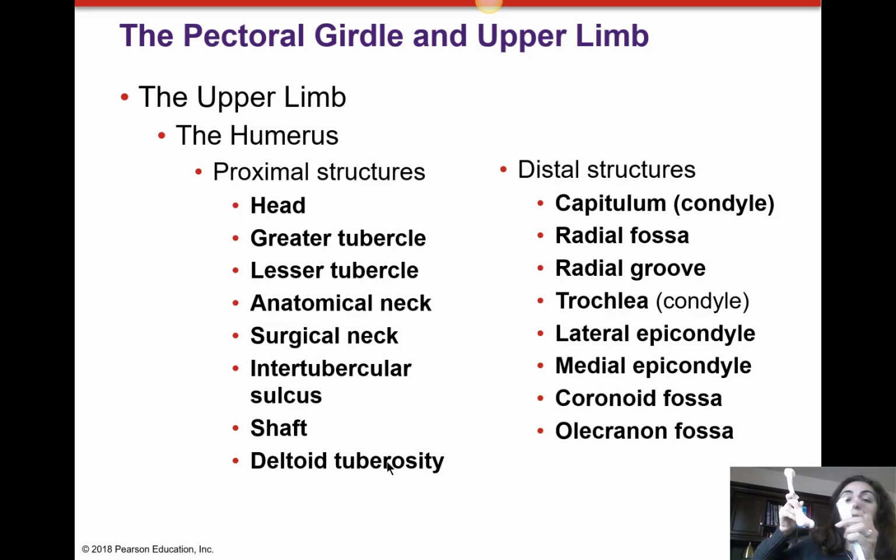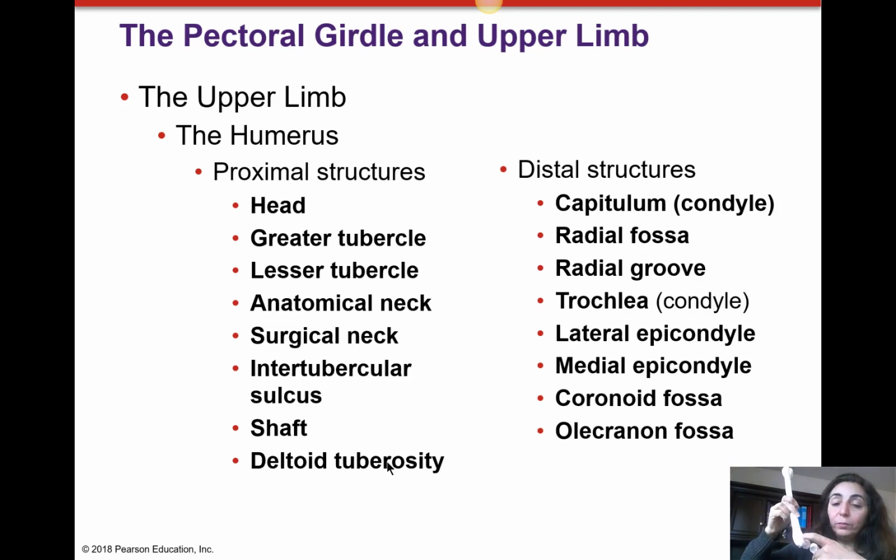Coronoid, this part of the ulna, is going to go to the anterior. Remember, we close the elbow toward the anterior side, right? So this small fossa toward the medial side is called coronoid fossa. So you have coronoid fossa and olecranon fossa.